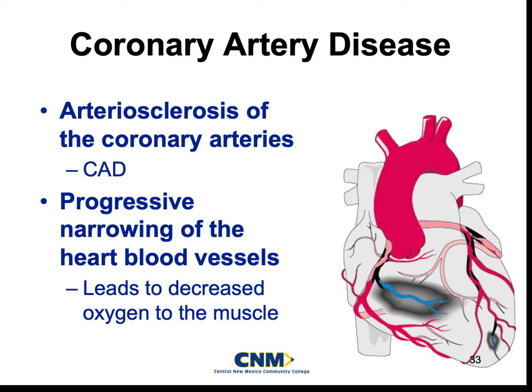We are going into a state of shock, and we are not going to be able to perfuse that area of the heart. Because of that, the heart is not going to be able to pump and help keep the pressures for perfusion that we need to get that blood all the way down to our big toes.